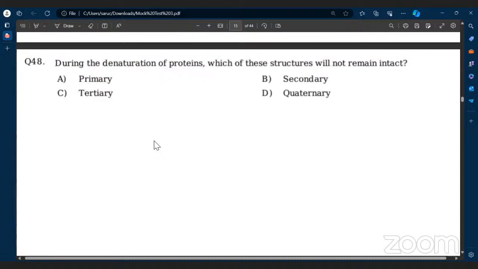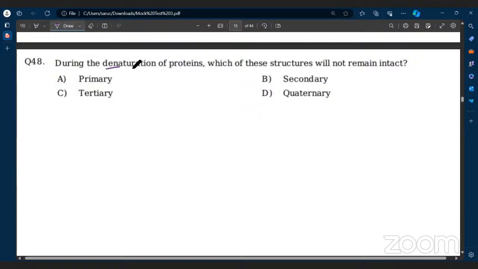During the denaturation of proteins, which of the structures will not remain intact? Intact means which will not degrade, which will not collapse. Primary will not collapse, right?